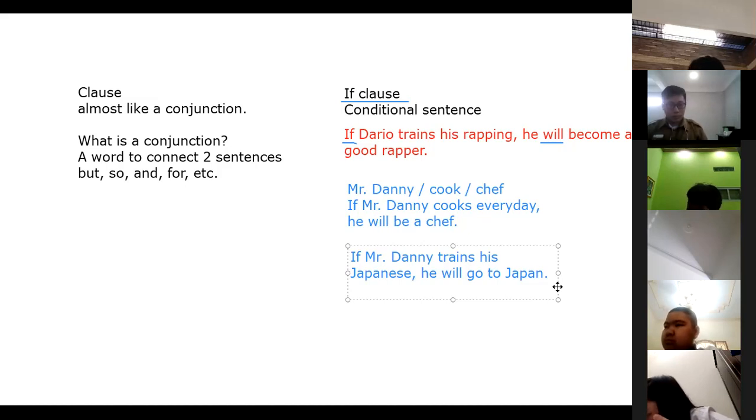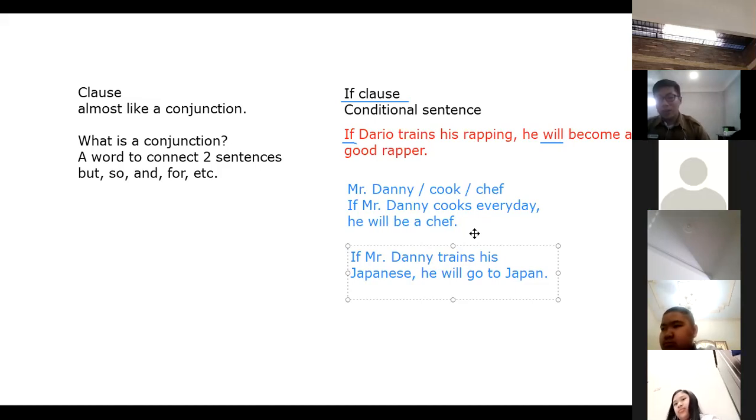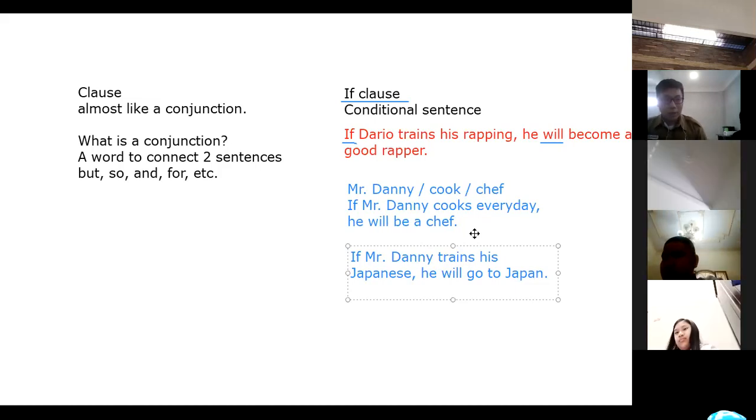Coba yang bisa ketik itu semua ubah dari Jepang jadi Jepang. Seriously? Ya. Later. Yang if Mr. Dani doang, train his Japanese doang ya nggak apa. No, because in Japanese this is a little bit complicated, really.